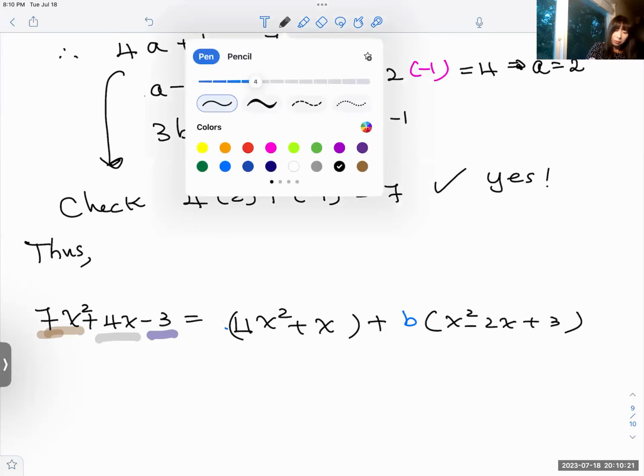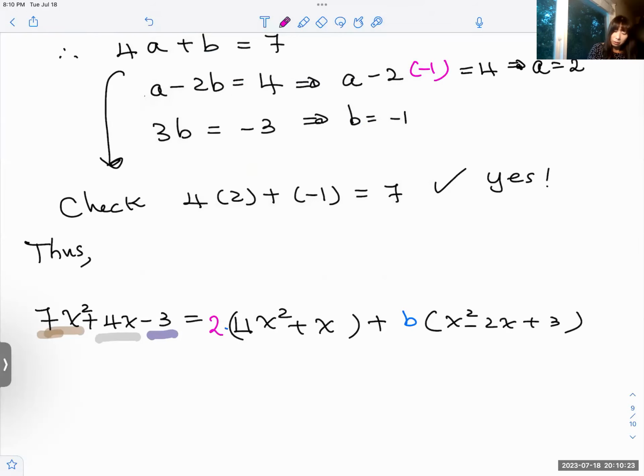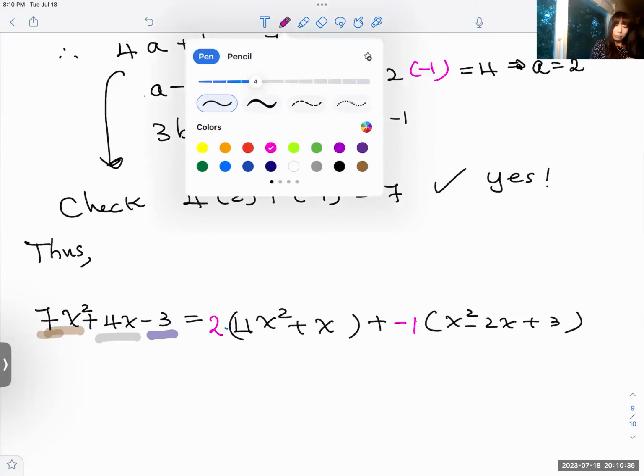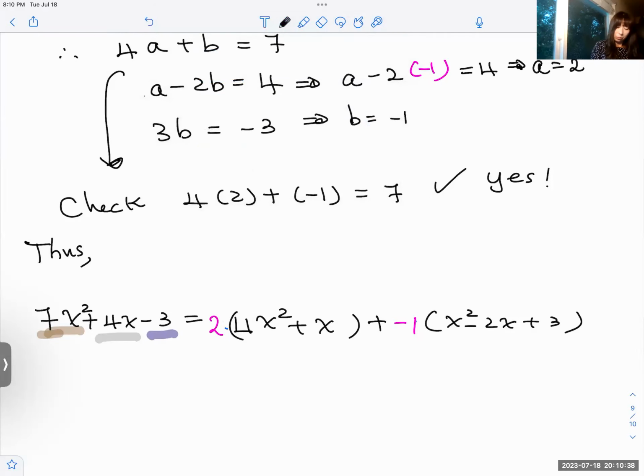So we got that. So p of x is in the span.